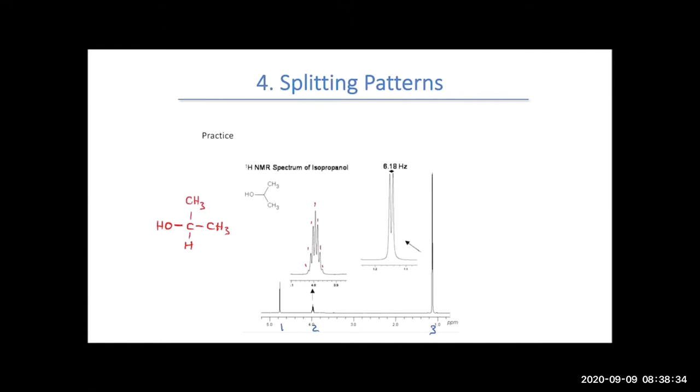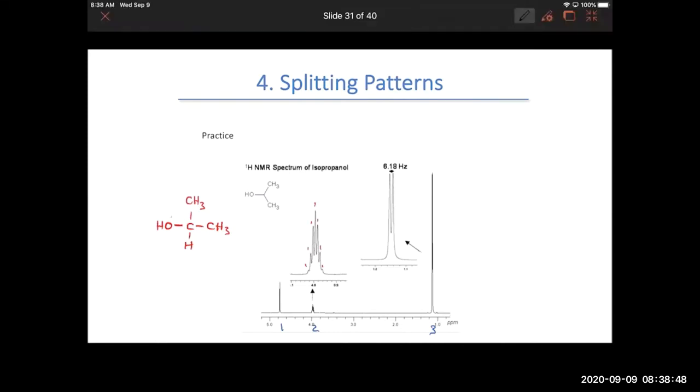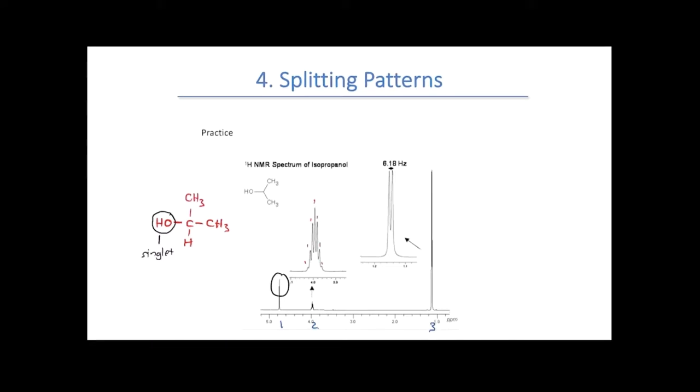So examining this NMR, first I can tell that the OH is going to be a singlet. So my OH group here will be what I designate as hydrogen 1. Be that peak. Now we need to figure out the carbon-hydrogen peaks. My methyl groups are equivalent to each other. Since they are equivalent, they will show up as a single signal in the NMR spectra.